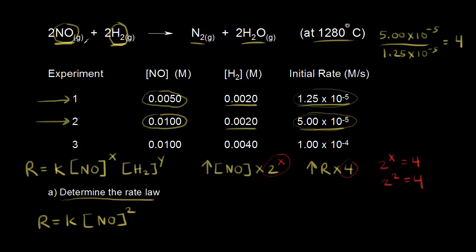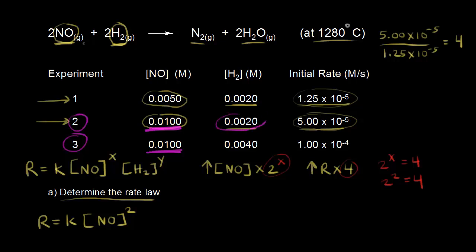Next, let's figure out the order with respect to hydrogen. So this time we want to choose two experiments where the concentration of nitric oxide is constant. That would be experiments 2 and 3, where we can see the concentration of nitric oxide has not changed. It's 0.01 molar for both of those experiments. But the concentration of hydrogen has changed.